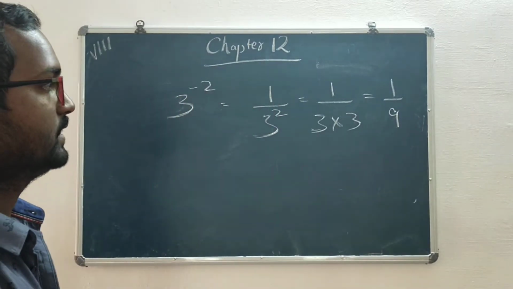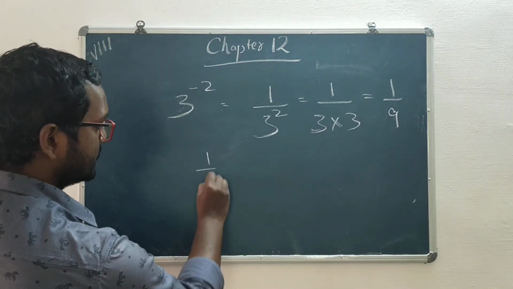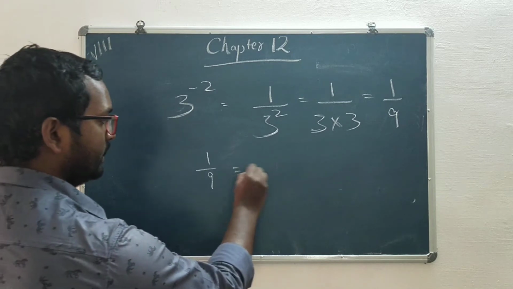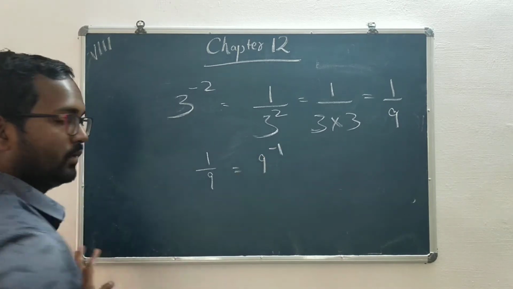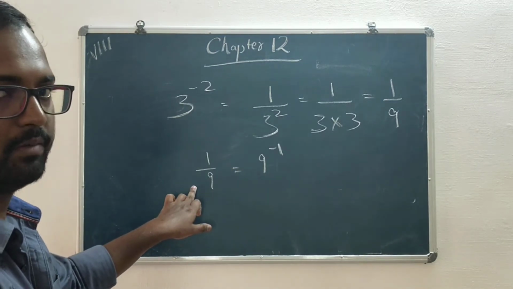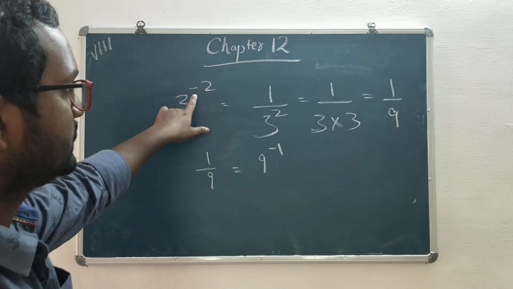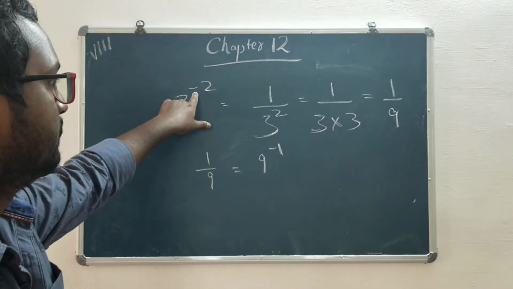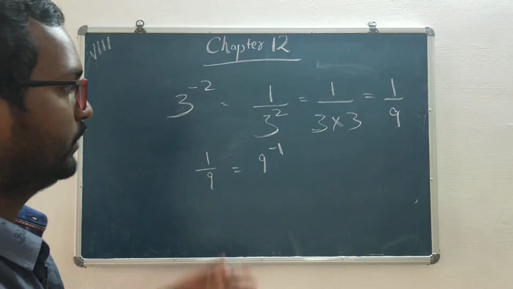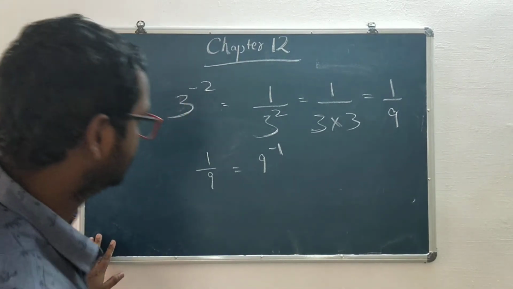Now we can also write this 1 by 9 as 9 power minus 1. 9 power minus 1 is anyway going to be 1 by 9. Whenever there is a minus in the power, it becomes a reciprocal. We have to take the reciprocal. What is a reciprocal?